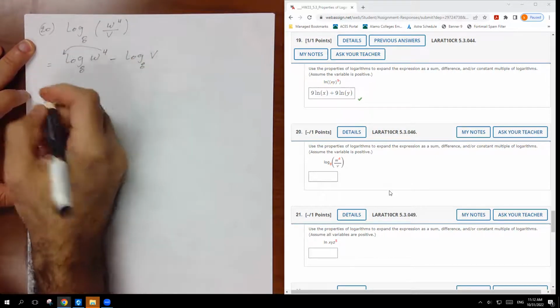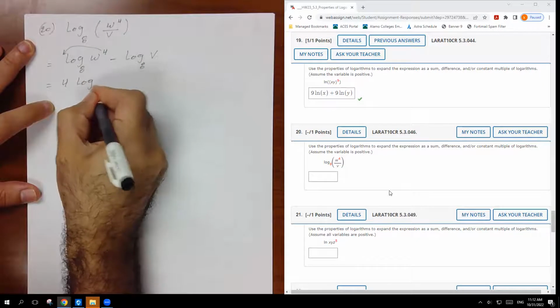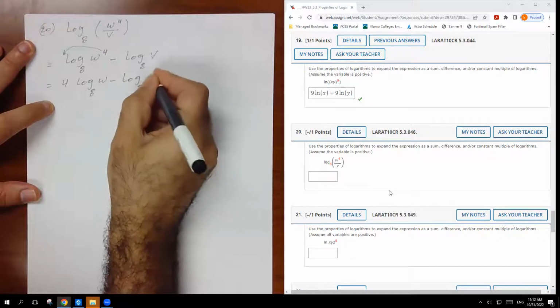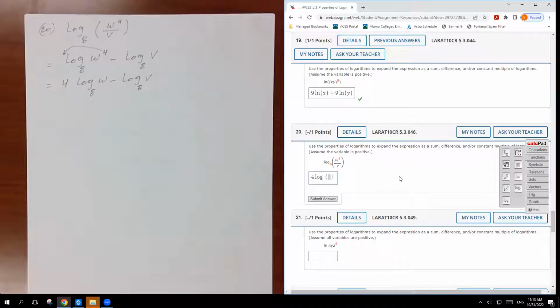I'm going to move the exponent in front by using the power property. So it's going to be 4 log to the base 8 of w minus log to the base 8 of v. So that's it for this example. So we're going to type here 4 log to the base 8 of w, close, minus log to the base 8 of v.